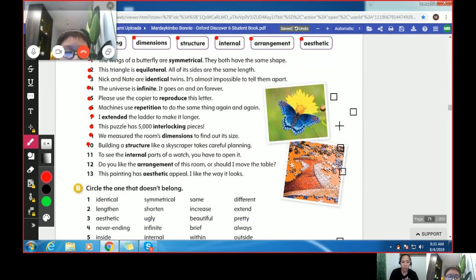Building a structure like a skyscraper takes careful planning. To see the internal parts of a watch, you have to open it. Do you like the arrangement of this room? Or should I move the table? This painting has aesthetic appeal. I like the way it looks.